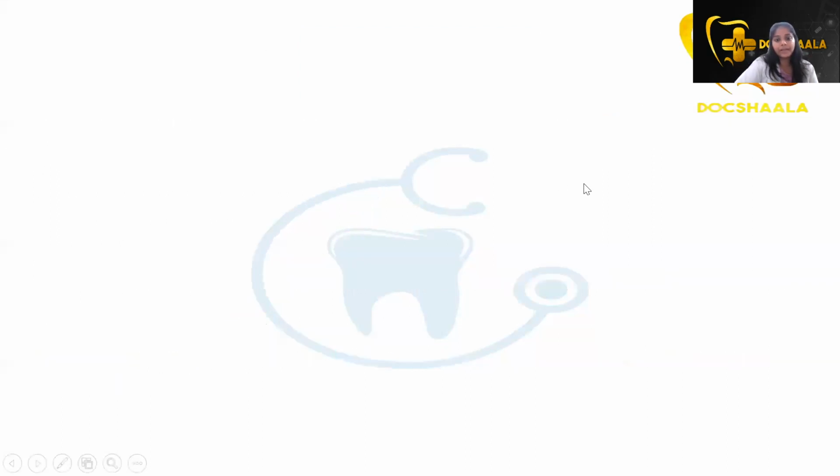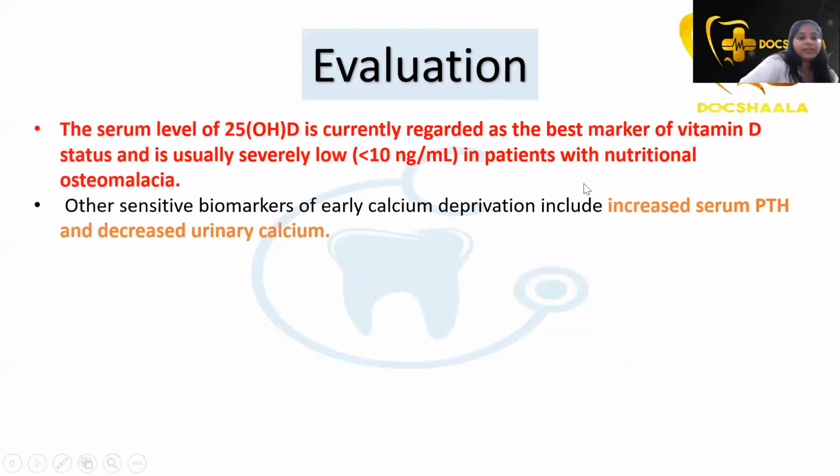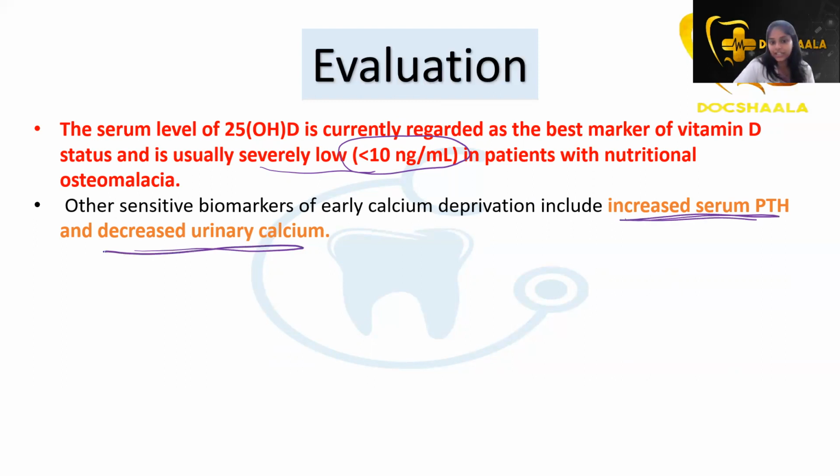Then the serum level of 25 OHD is currently regarded as the best marker for vitamin D status. Usually when it is severely low, that is less than 10, it indicates nutritional osteomalacia. Other sensitive biomarkers include increased serum parathyroid hormone, PTH, and decreased urinary calcium.